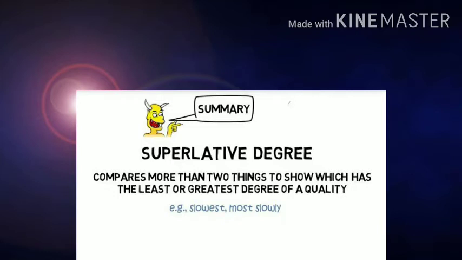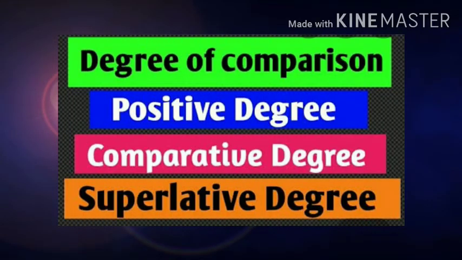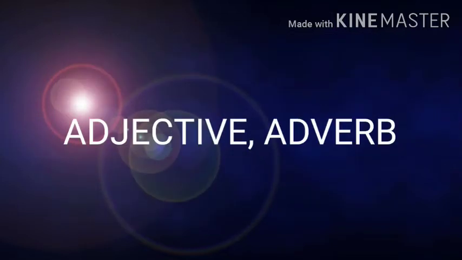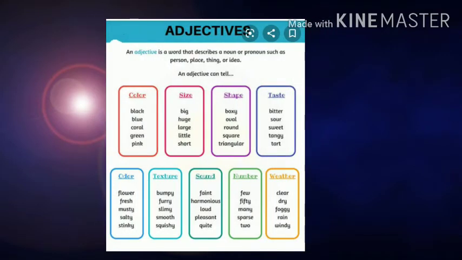To understand degree of comparison, whenever you use it along with the sentence, it is necessary to know what an adjective is and what an adverb is. We all know an adjective is a word which names an attribute of a noun. That is, a word which qualifies a noun is called an adjective.